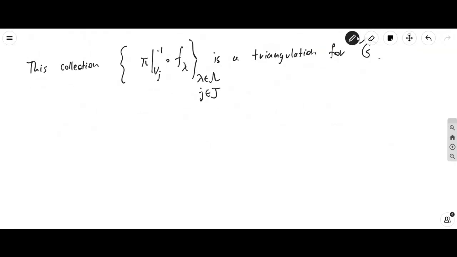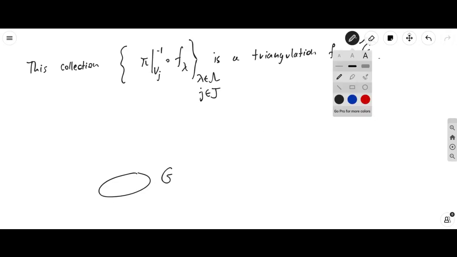And I do not want to spend more time on this, otherwise the lecture gets way too long. But the basic idea is, if this is G, I know that's not how G looks. It's a graph, but that's not the point. So if this is G, and this is an edge, this is what we're calling G lambda.